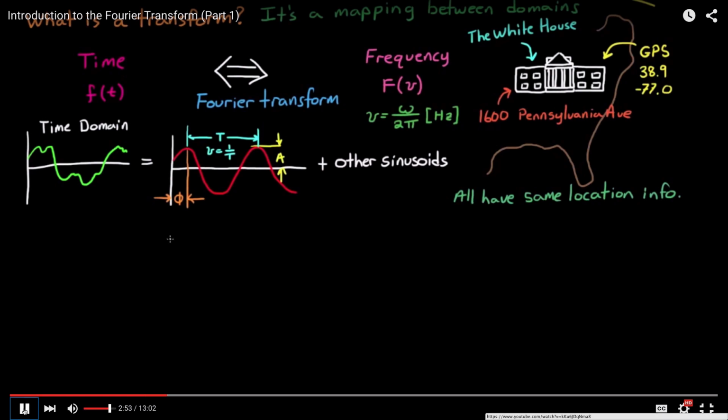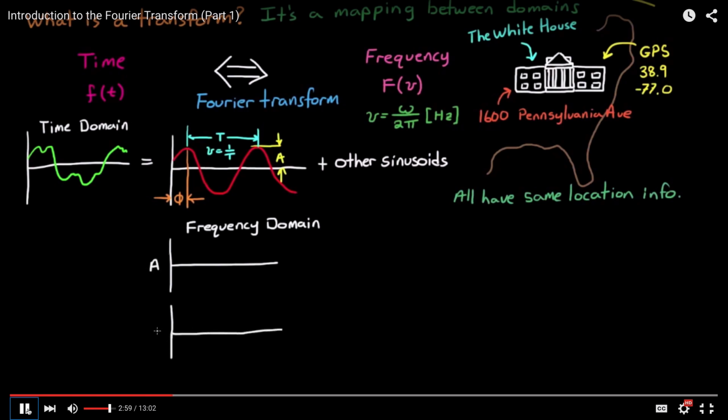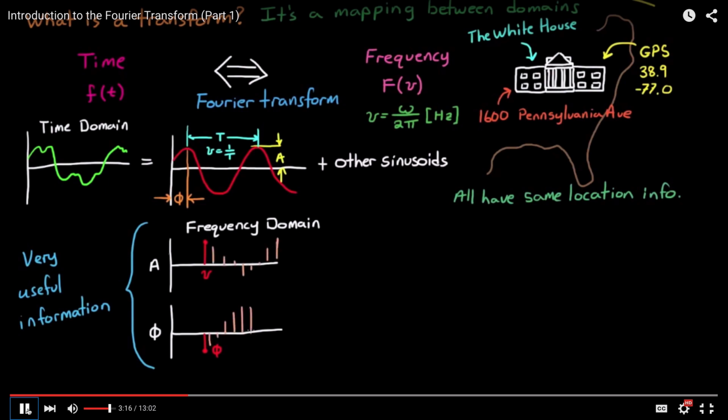At that point, we can plot the amplitude and phase at every frequency across the entire spectrum and call it the frequency domain representation of the signal. This information is exceedingly useful in control systems and digital signal processing. Of course, most signals aren't comprised of just a single sinusoid, but multiple ones at different amplitudes and phases across the entire spectrum. But why decompose a signal into sinusoids?